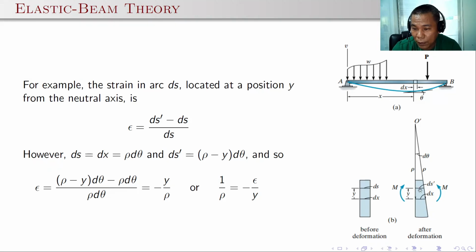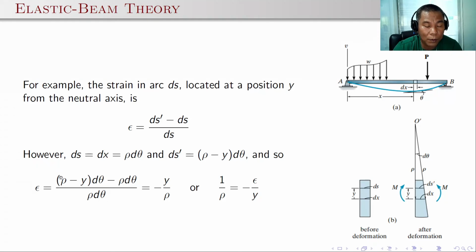Also, accordingly, ds prime is equal to the distance rho minus y times the angle d theta. So if we substitute that to the above equation, ds prime is equal to rho minus y d theta, minus ds, which is rho d theta, over ds, which is rho d theta.